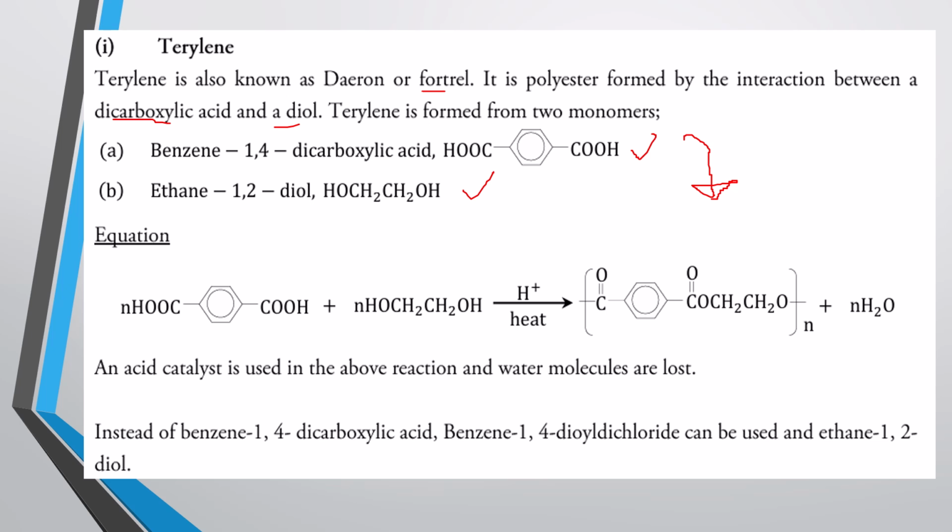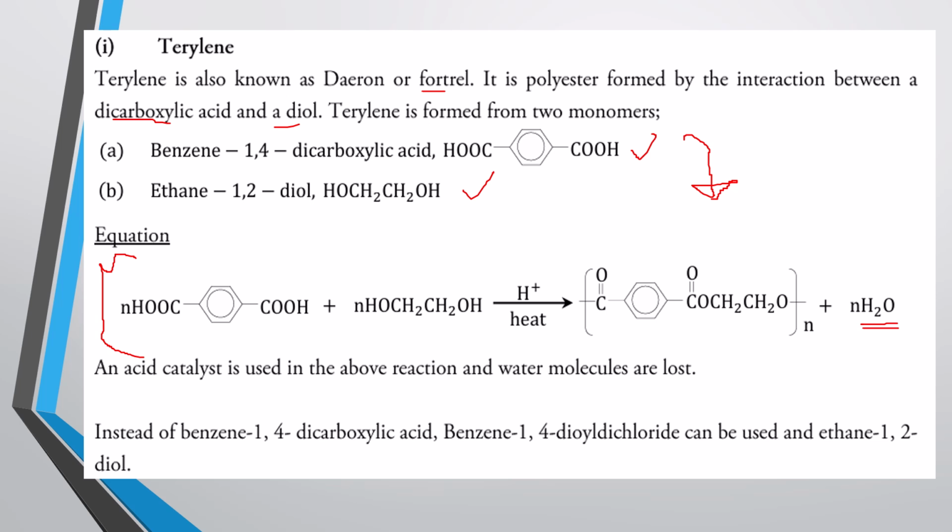So if you look here, I want you to pay close attention during formation of these polymers, because this is where you are going to get everything mixed up. Note that in this condensation polymerization we are losing water molecules. So you should put your emphasis there. Now since these ones have two functional groups, that means that we are going to be losing two water molecules when these two combine.